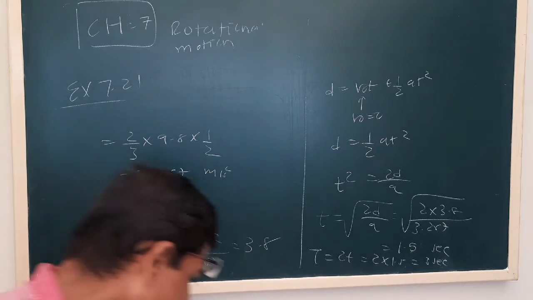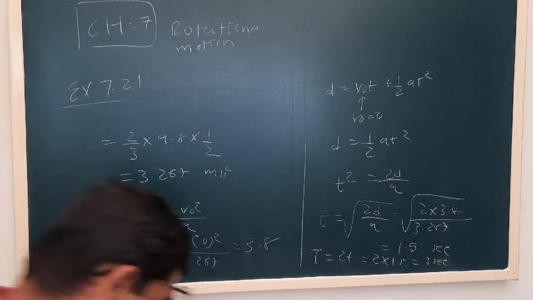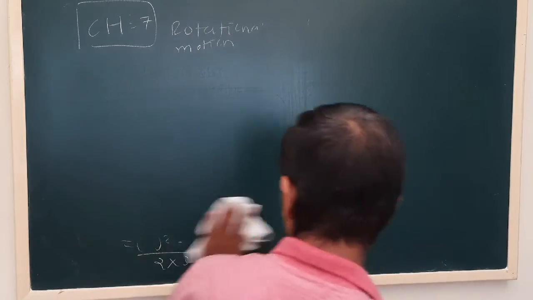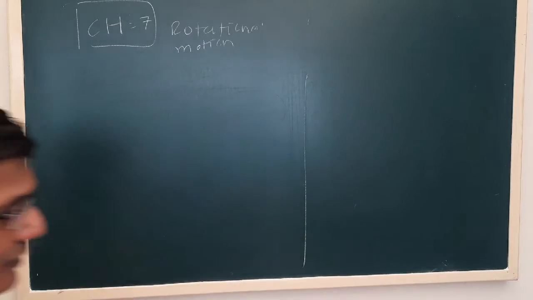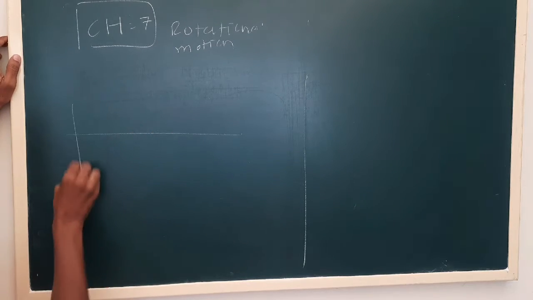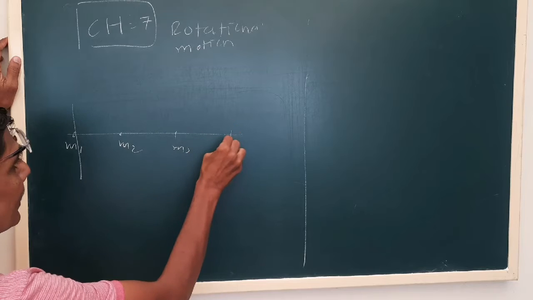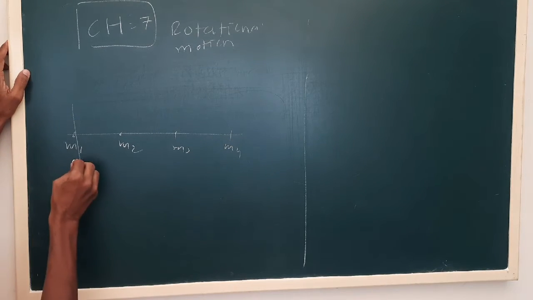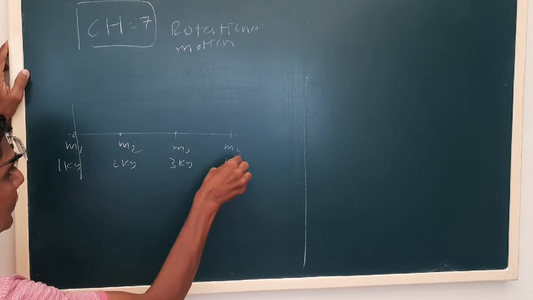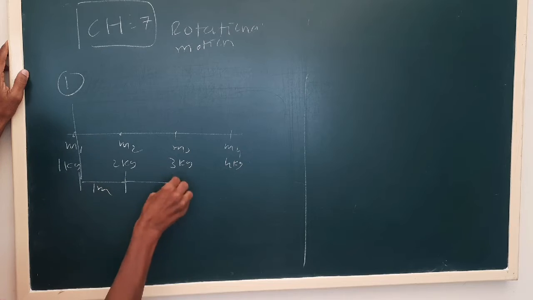Okay, now we take some MCQ which will help us. Now we start with some simpler question. Now let us say, see, masses of 1 kg, 2 kg, 3 kg and 4 kg are at a distance of 1 meter each.